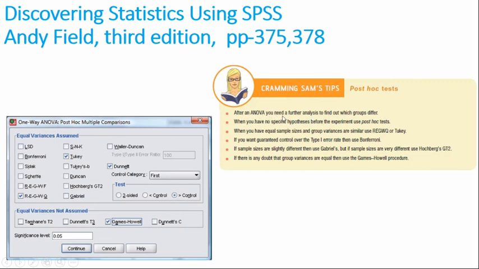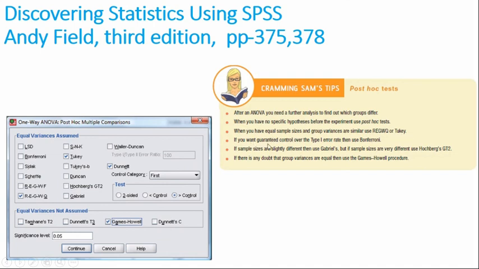After an ANOVA, you need a further analysis to find which groups differ. When you have no specific hypothesis before the experiment, use a Posthoc test. When you have equal sample sizes and group variances are similar, you may use REGWQ or Tukey. In Jamovi, the Tukey option is available.